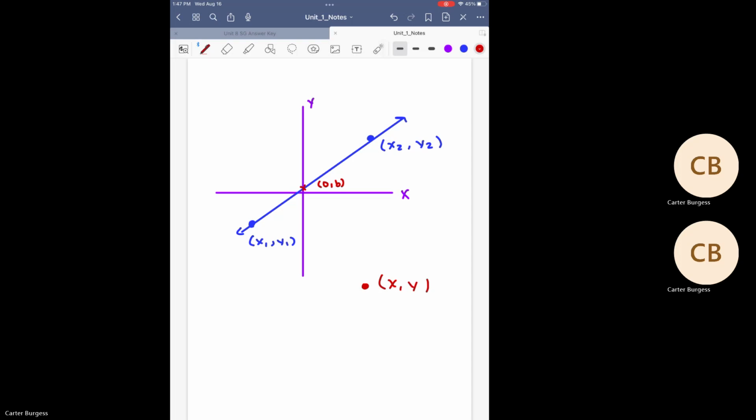So x2 and y2 can't represent anything other than this one point in space. Okay, that's a problem, not necessarily a major problem, but if we're trying to come up with a formula that can define an entire line, having it only define 2 points in space is not super helpful for us.